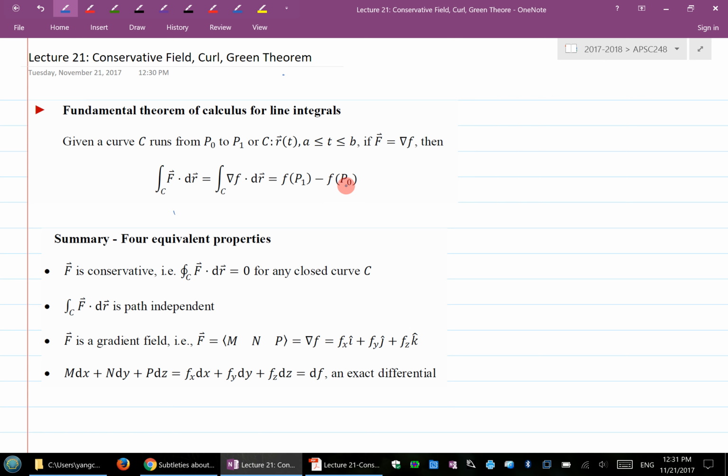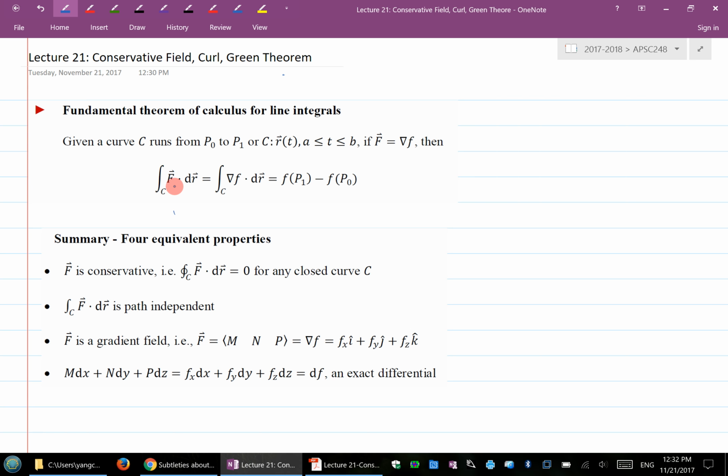I wouldn't specifically say to use the fundamental theorem of calculus to calculate this question. So how do you know? You only know that if this vector field is a conservative field, then you use this fundamental theorem for vector line integrals.